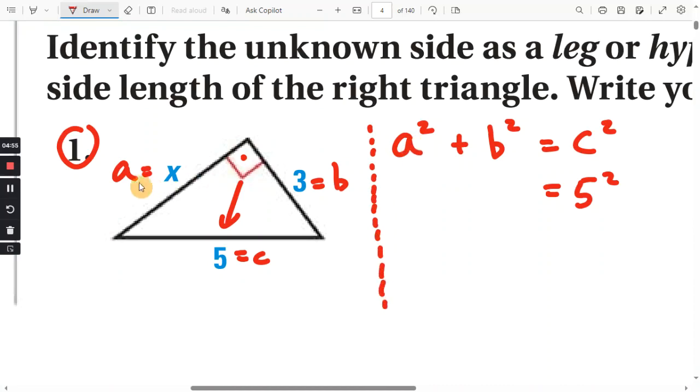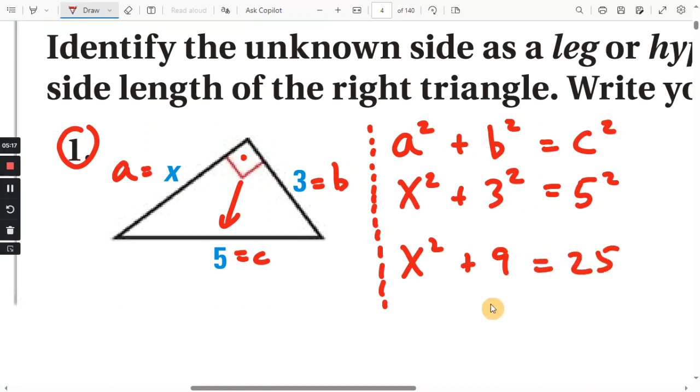A squared is going to be x squared. b squared is going to be 3 squared. Okay, the shortcut would just be minus 3 squared on both sides, but I'll multiply it out. X squared, 3 squared is 9, 5 squared is 25.